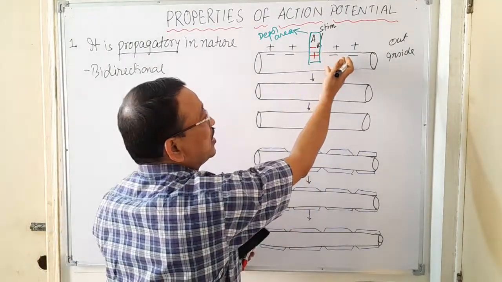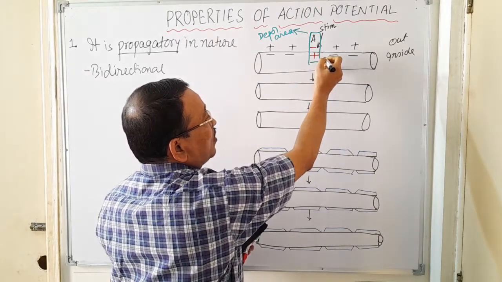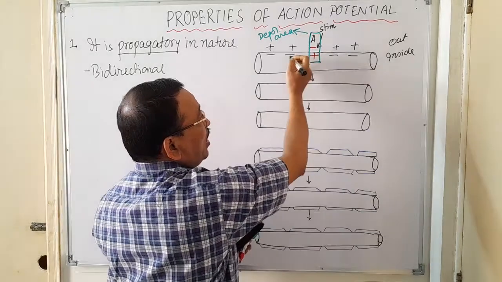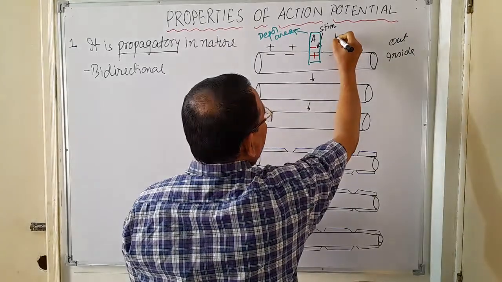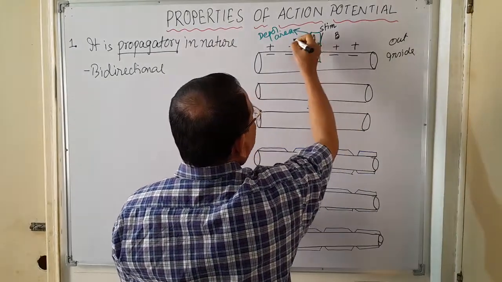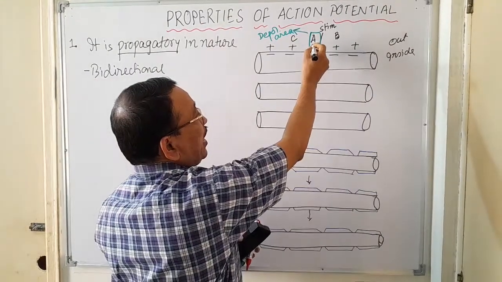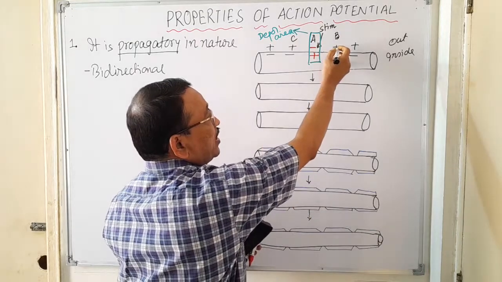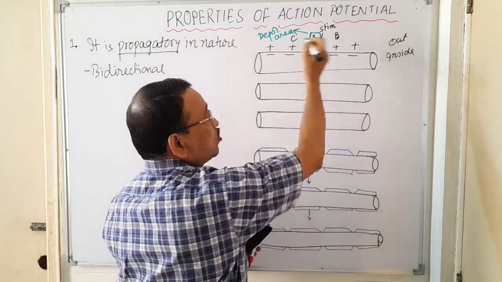Now here you see, adjacent to this depolarized area, the cell membrane inside is electronegative, here also electronegative. Let us label this area as B and this area as C. Adjacent to area A, at points B and C, the inside of the membrane is electronegative and the outside is electropositive.